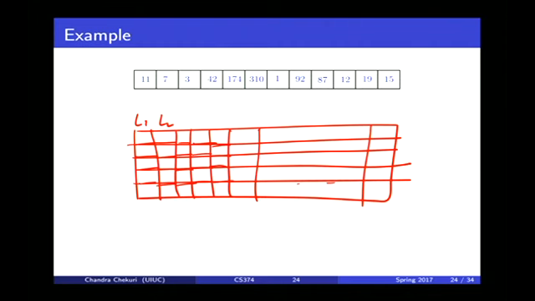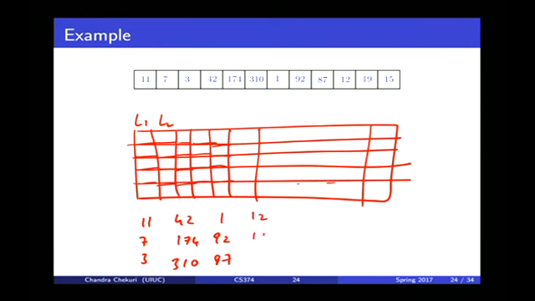Now, I did that. Instead of doing it for 5, because it is too long an array, let's do it for groups of size 3. So 11, 7, 3, 42, 174, 310, 192, 87, 12, 19, 15.